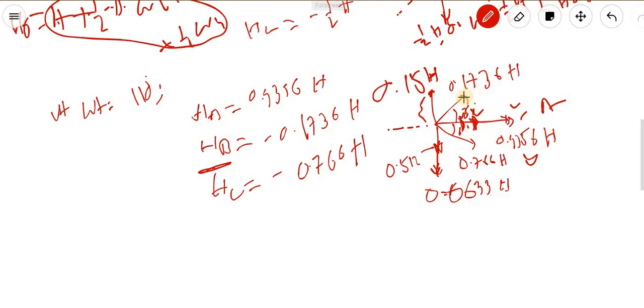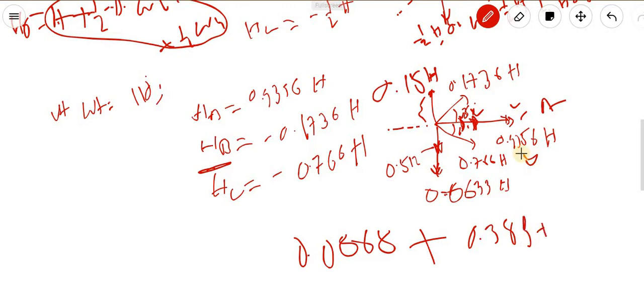If we add up these things, how much will we be getting? 0.1736 cos 60 degree, that means 0.0868, and for this 0.766 cos 60 degree, that means 0.383, plus for this 0.9356.